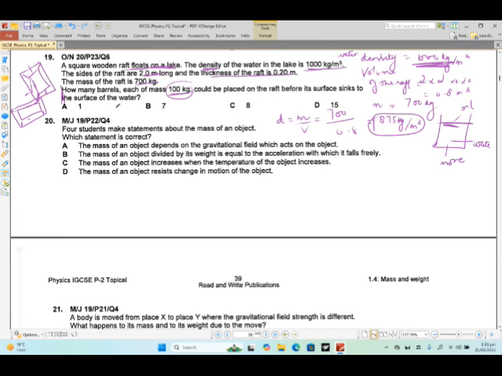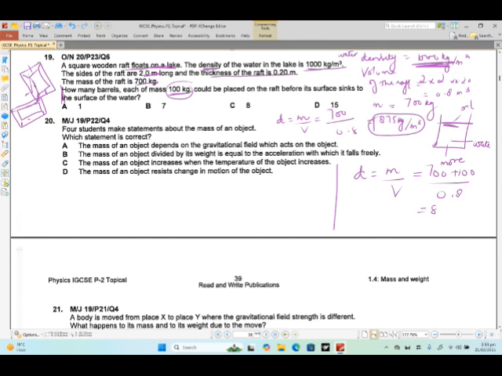So for example, if we use one barrel of 100 kgs, then what happens? We take some space here and calculate. D is equal to M over V. The mass was 700 of the raft. If we add one barrel of 100 kgs, the mass would be 800, divided by volume, which is not going to change.